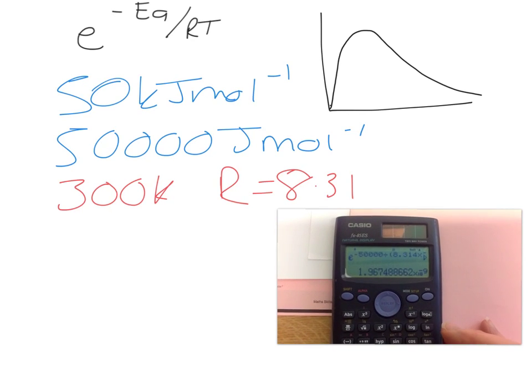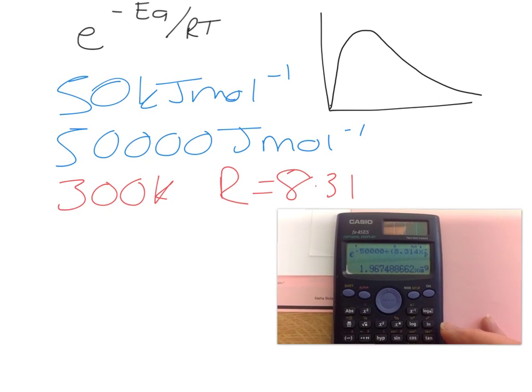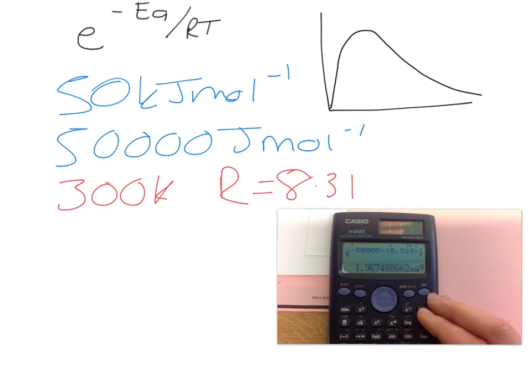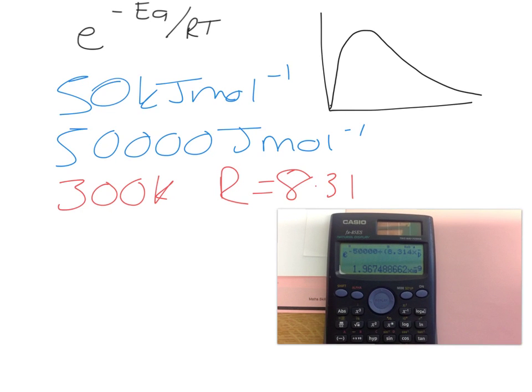That's the equals button there, 1.967 times 10 to the minus 9. This tells us that about 2 molecules in every 10 to the 9 have enough energy. So let's just add that to our Maxwell-Boltzmann graph.